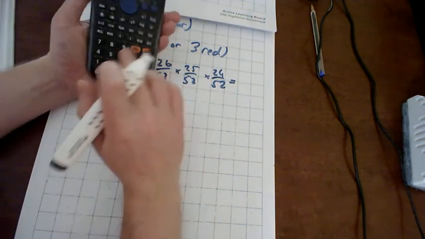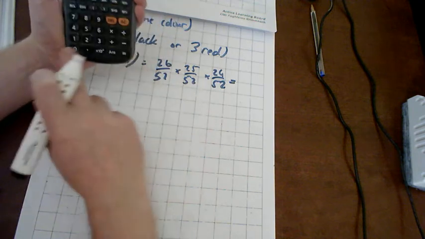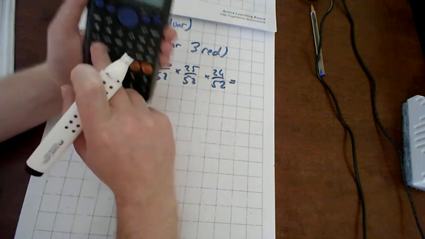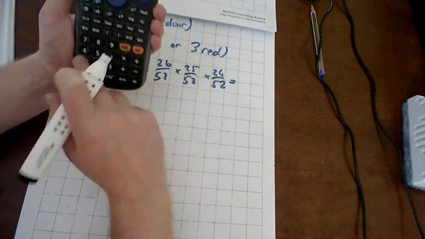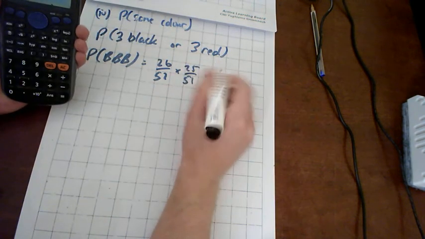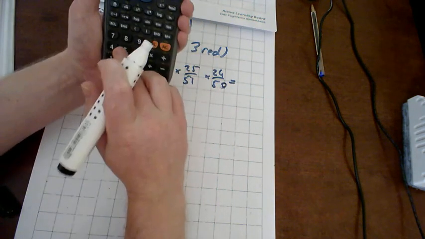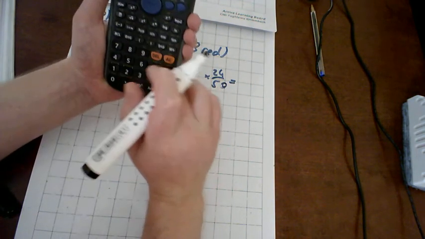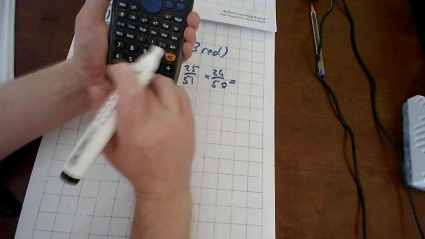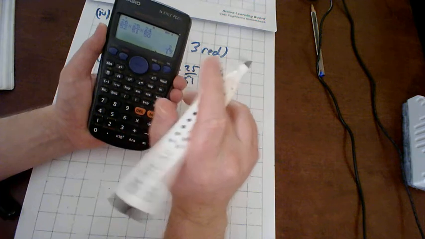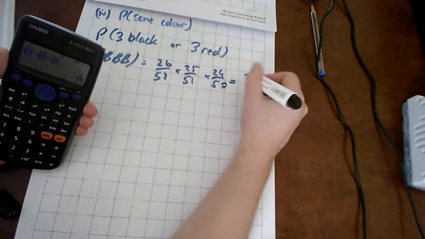And again, you don't have to work out top and bottom separately. I have been, but if you do 26 over 52 times by 25 over 51, oh sorry, 25 over 51 and then 24 over 50, because they're not being replaced, that equals 2 over 17.